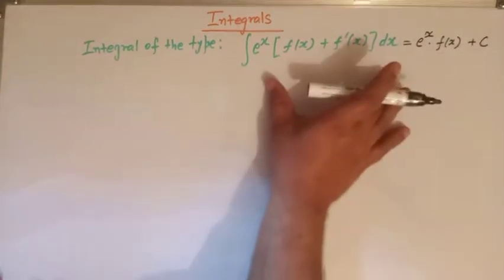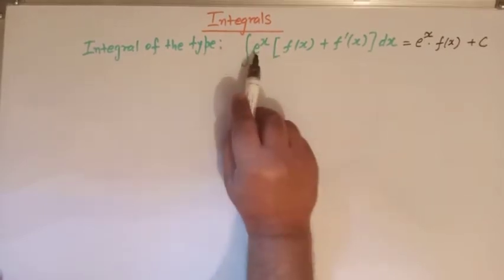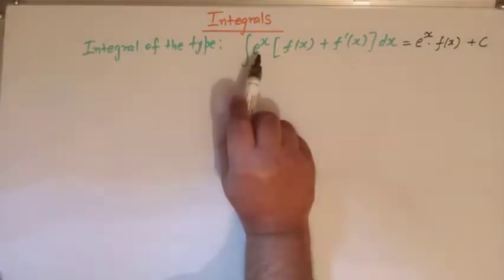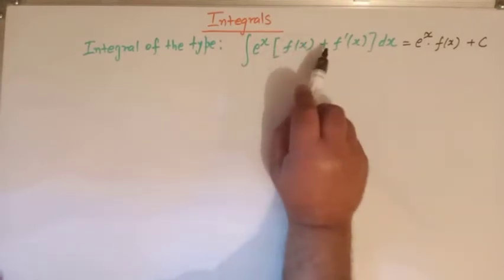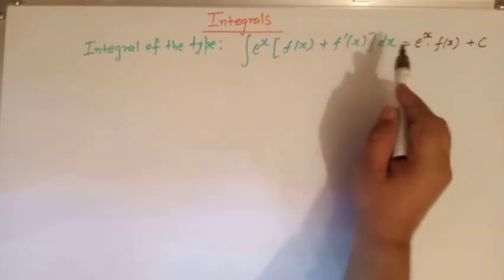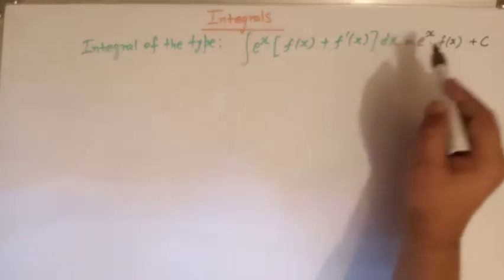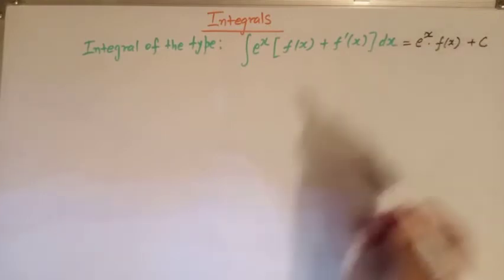So viewers, what does this mean? It means that if we have to integrate a function e raised to x times f of x plus f prime of x dx, then such integral is equal to e raised to x times f of x plus c.